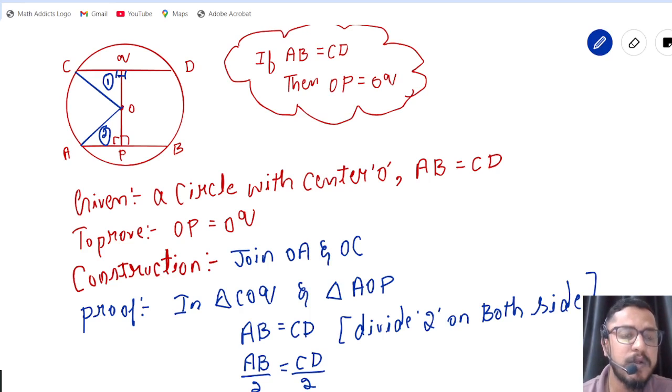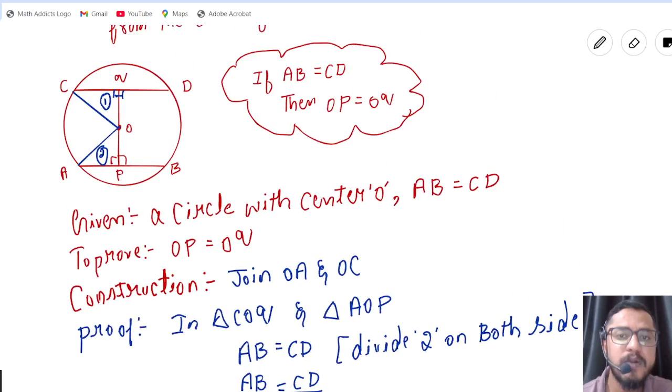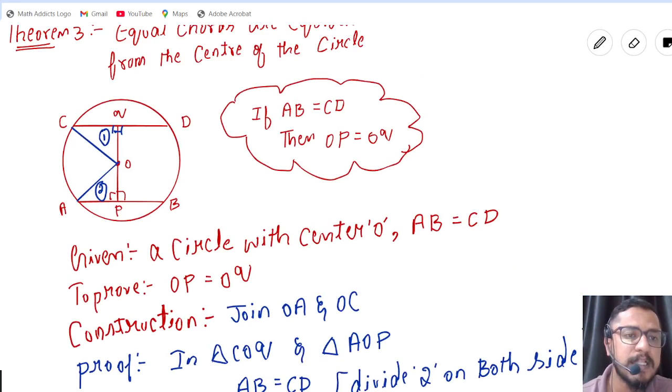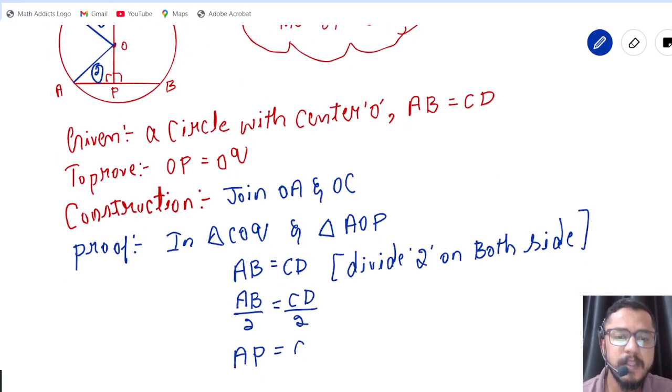Now, AB by 2 is nothing but AP, and CD by 2 is nothing but CQ. You can ask, sir, CD by 2 I can write as QD. Yes, obviously QD will also be a correct answer. But for this triangle we don't need the side QD, so CD by 2 I am writing as CQ. So what I got? AP is equal to CQ.